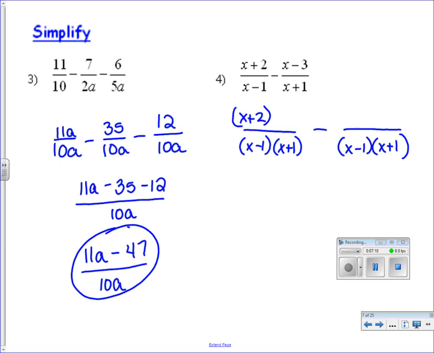So hopefully you realize I multiplied that one by this, so I need to put an x plus 1 in the numerator. Okay, and I need parentheses around that. And then for this one, I originally had an x minus 3, but then think about what did I multiply this by to make this? So I need to multiply by an x minus 1 in the numerator.